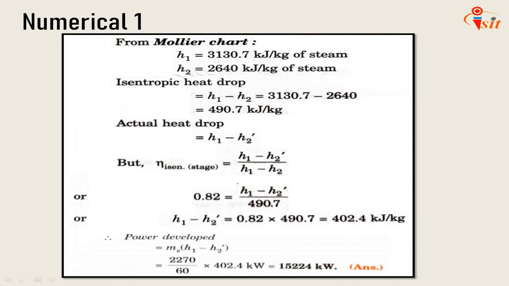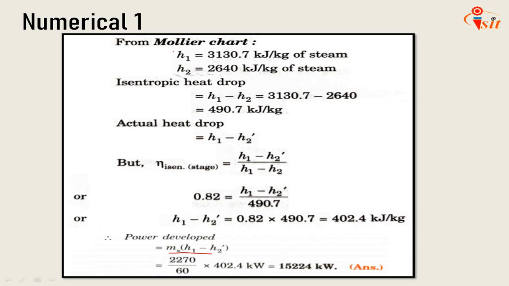From the Mollier chart we need to calculate the power output of the stage. The equation is ms times h1 minus h2 dash, so we need to find h1 and h2 dash.